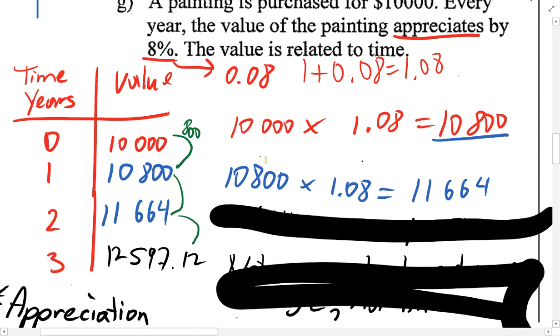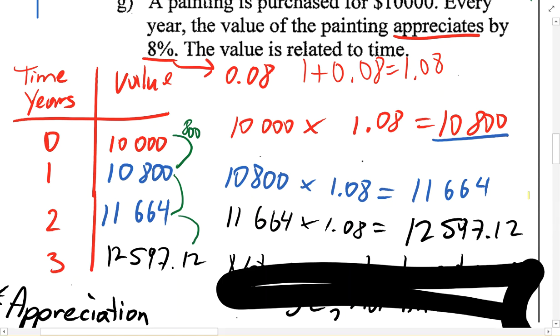So then again, now you're going to take 108% of 11,664. So I take the percentage of an even larger number. So we're always taking the percentage of a number that's larger than the previous year.